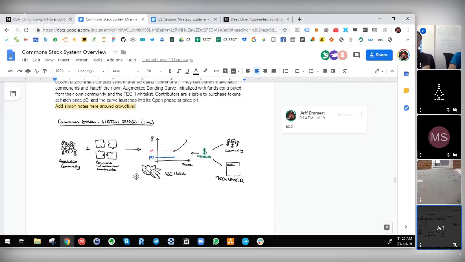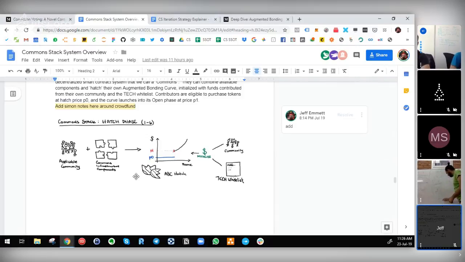A lot of people tend to draw a curve that has supply on the x-axis and price on the y-axis, and that curve will actually be the derivative of the equation that you have there.